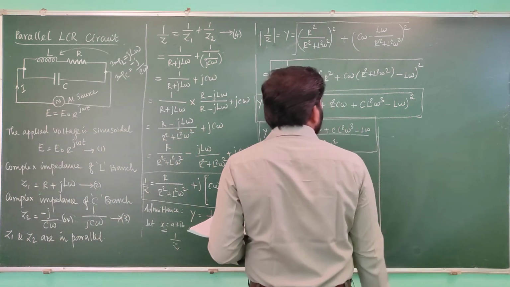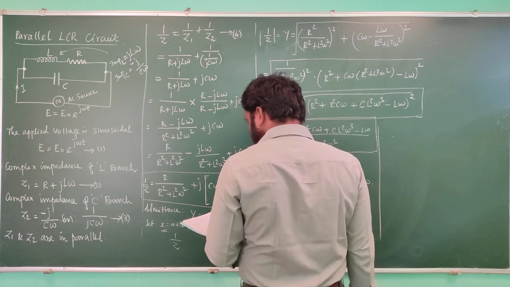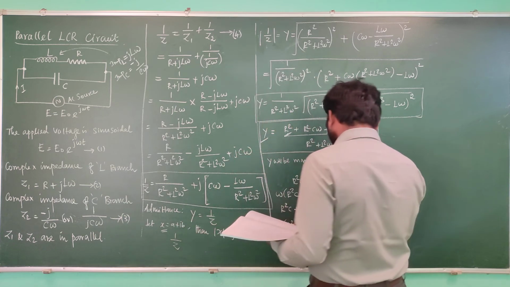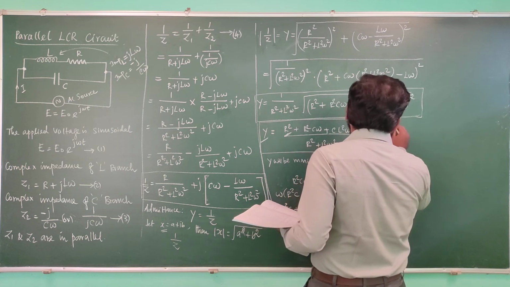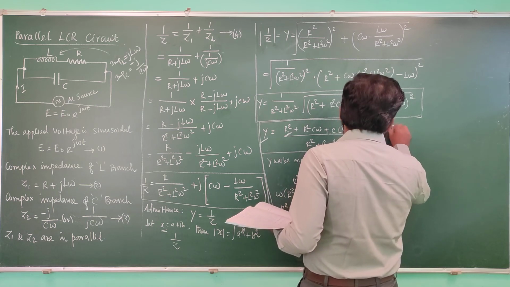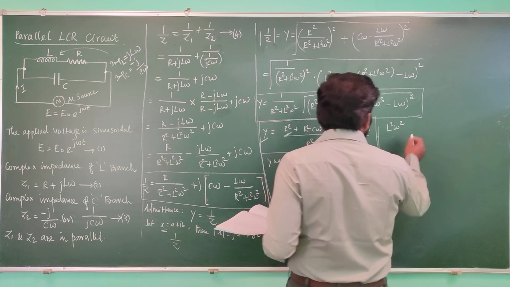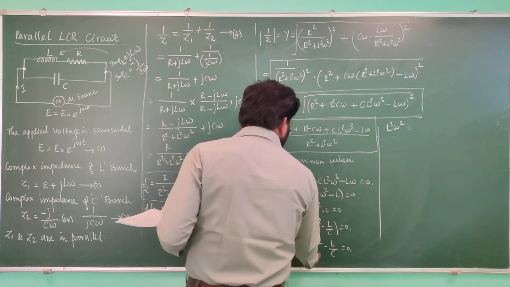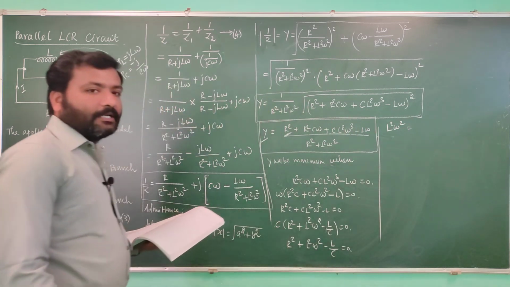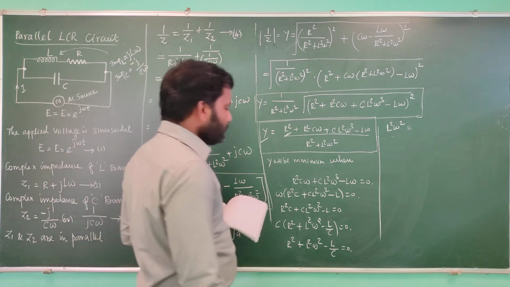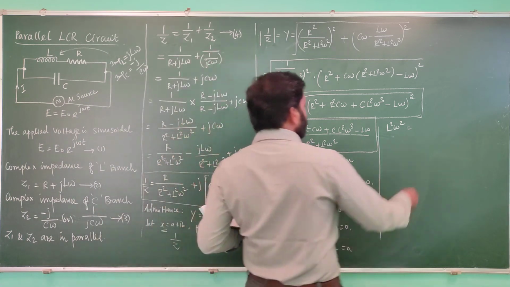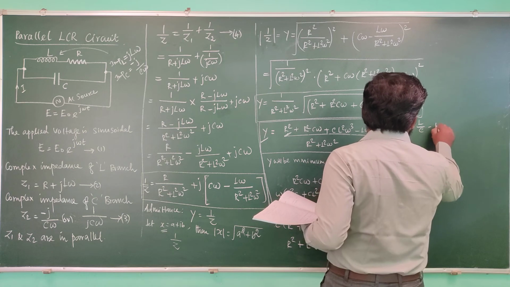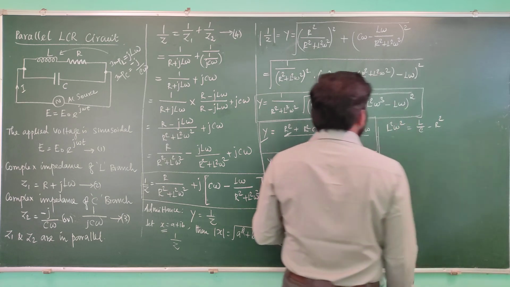Now this we can rewrite. We can rewrite l square omega square on the left side, and bring r square and minus l by c to the right side, so it becomes l by c minus r square.